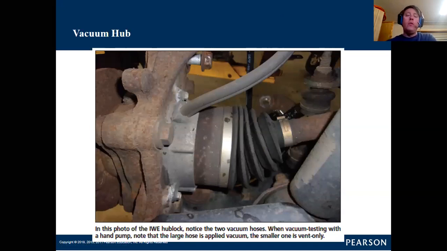Vacuum is normally applied to achieve two-wheel drive. In order to achieve four-wheel drive and make it actually move and lock, the vacuum is taken away and the vacuum that is currently in it is vented. So you achieve naturally atmospheric pressure, and then a big spring basically pushes the hub over, and this is the hub.